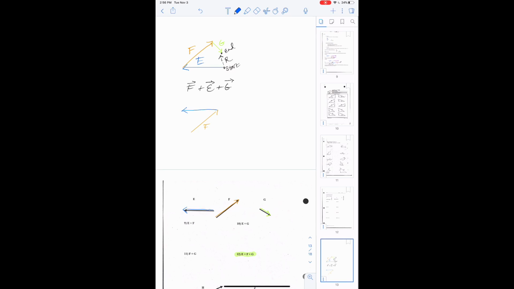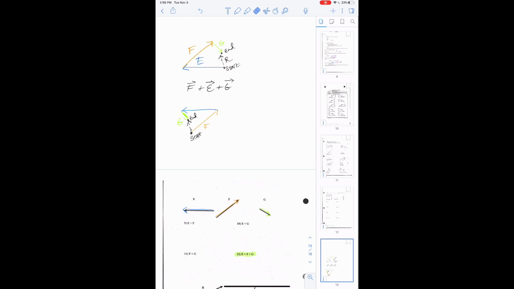And then I'll put G. My drawing's not quite perfect, but you can see here would be the start, right? Here would be the end.